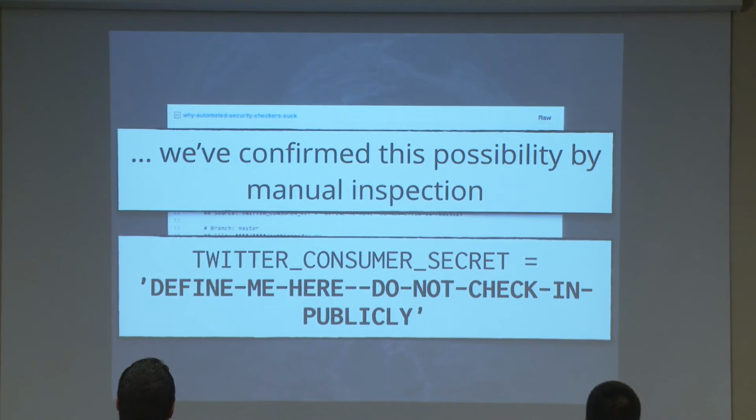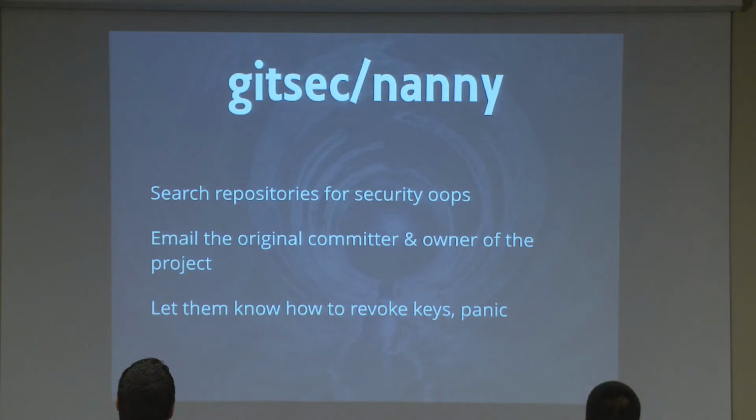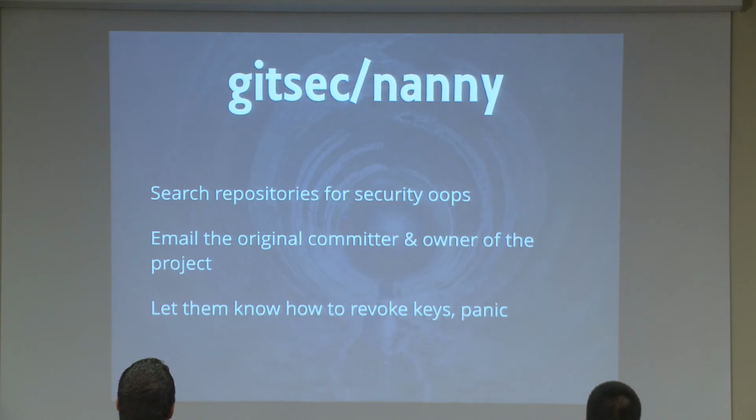And you'll notice, basically, he said, oh, we've confirmed this exploit manually. And then you look down, and this is clearly not something that's being leaked. So Kyle started this project called GetSecNanny. Its job is to search repositories for security oopses, email the original committer and owner of the project, let them know how to revoke keys, and then panic.